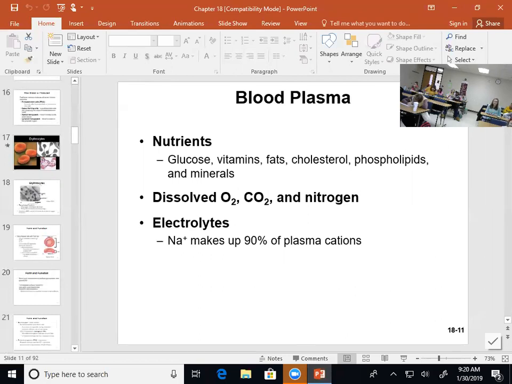The reason I really want you all to know about this, and I wish I knew exactly where this was in the notes, but we'll see it and I'll bring your attention to it, is because if somebody does not have the D antigen, if they are Rh factor negative, they would never want to be exposed to Rh positive blood.